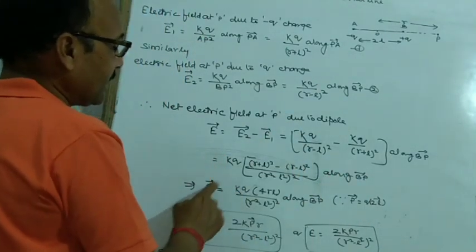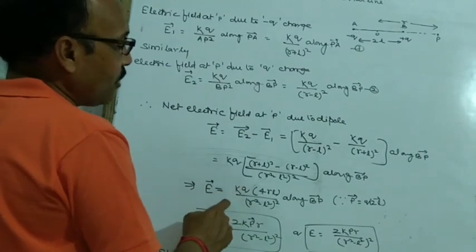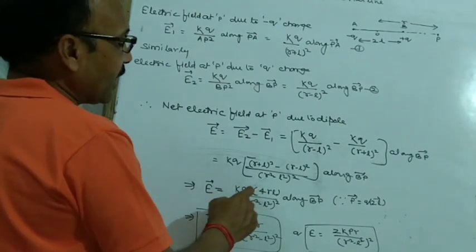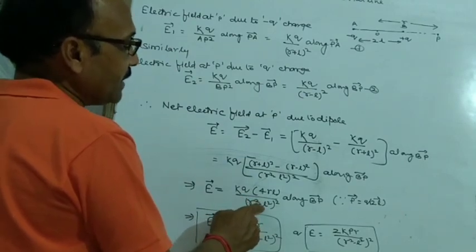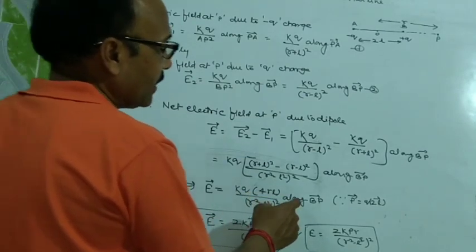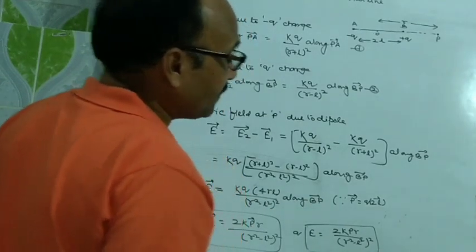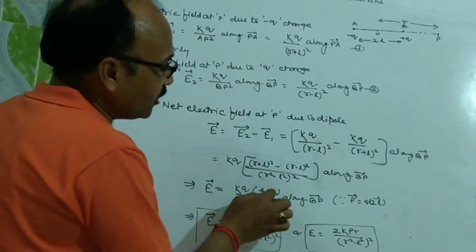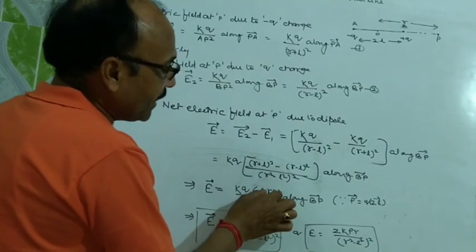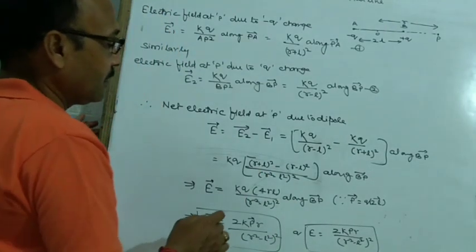Solving, we get E equals kq into 4rl upon (r square minus l square) whole square along BP. But we know that p equals q into 2l. So from this q and 2l, we can write p.